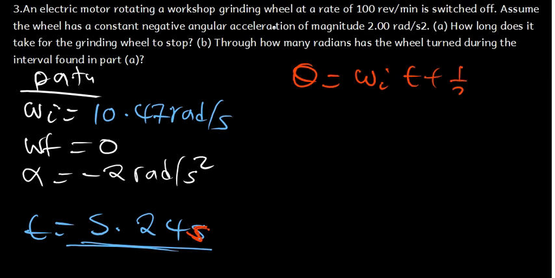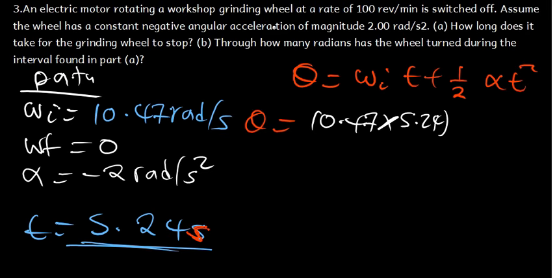So using this formula, if we plug in the values, the initial velocity is 10.47 times the time 5.24, plus half the angular acceleration, which is negative 2, times the time 5.24 squared.